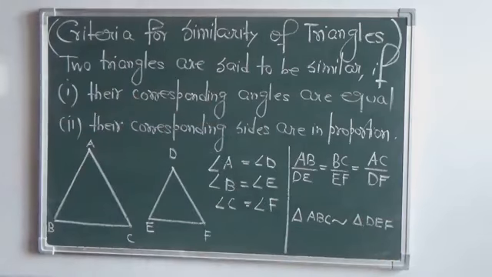If these two conditions hold, then you can say triangle ABC and triangle DEF are similar. In congruency, the symbol you already know, and this is the similarity symbol. And now we will move on to the conditions, how to prove that the two triangles are similar.